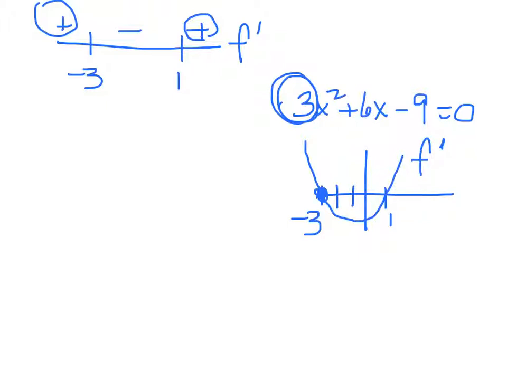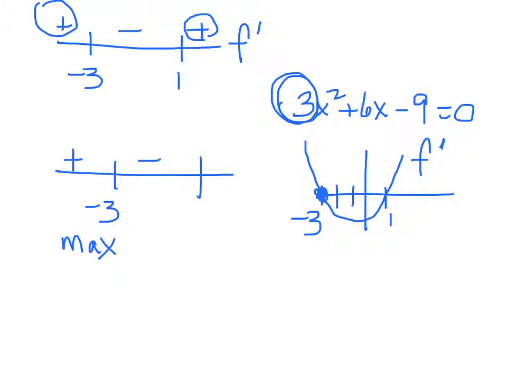Now, another thing we should take note of is when we have a sign change. If I have a sign change about negative 3 from a positive to a negative, that makes negative 3 a max for the function, what we call a relative maximum. So the function will have a maximum at x equals negative 3.